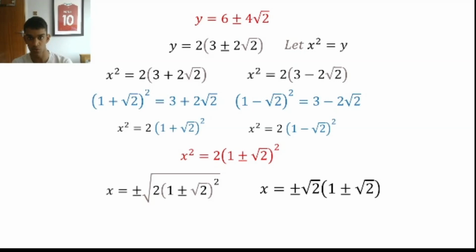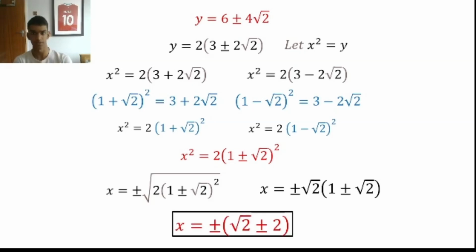And only the 2, which is the multiplier, is left within the root. So x is equal to plus minus root 2 multiplied by (1 plus minus root 2), and the 1 plus minus root 2 is outside the root because the squares have cancelled out. And there we have it.